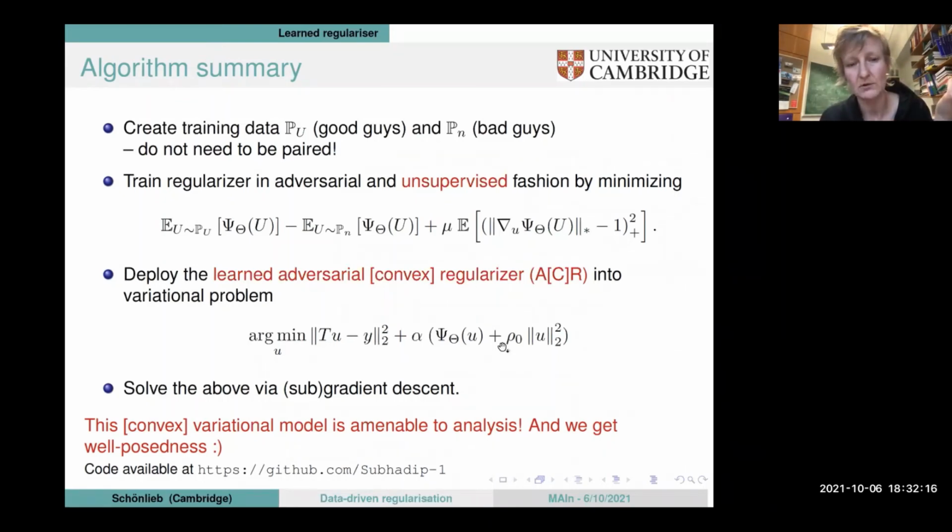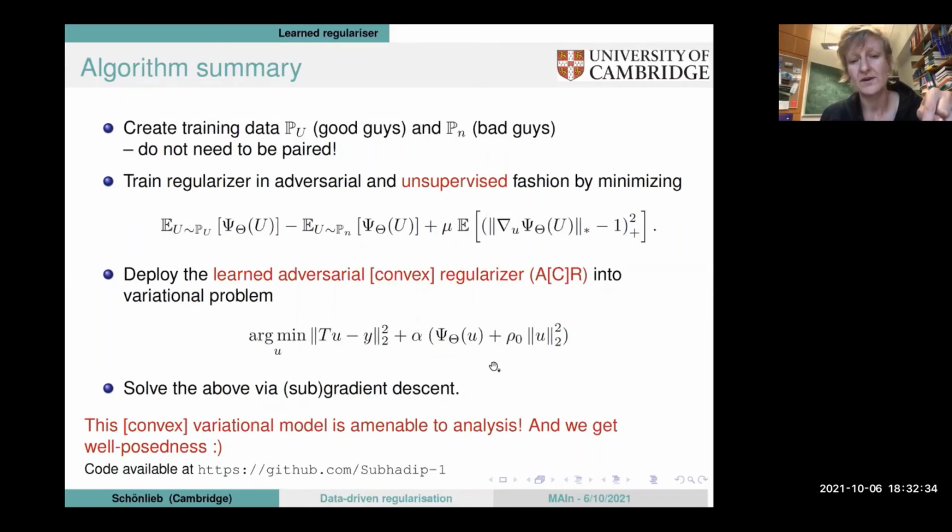You could think of training this, then putting the regularizer back in here, computing solutions to the variational problem, and then putting those solutions back into the set Pn of the bad guys, and then training the regularizer again, right?